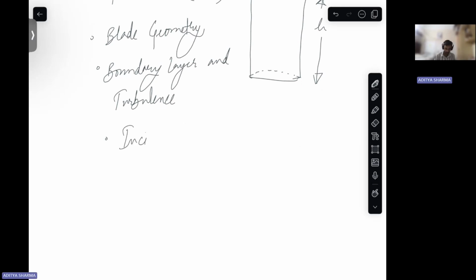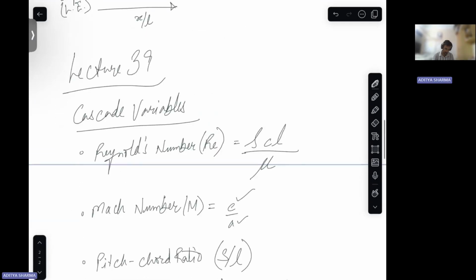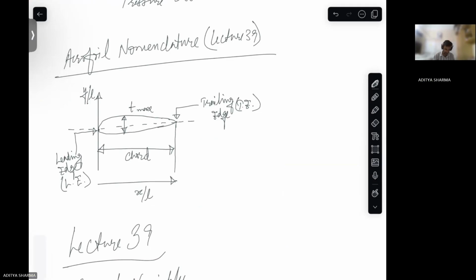Then incidence angle: the angle with which the flow is interacting with the blade. So these are the variables involved in the analysis of a cascade. Then airfoil nomenclature we have discussed. Then I have not discussed one thing here, that is camber.